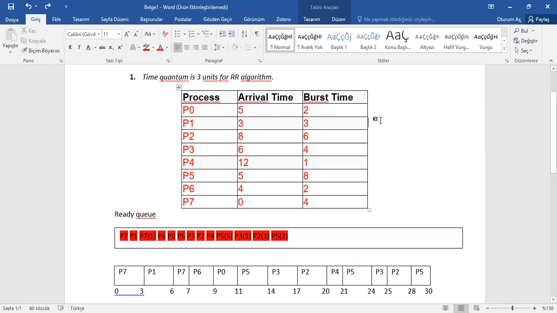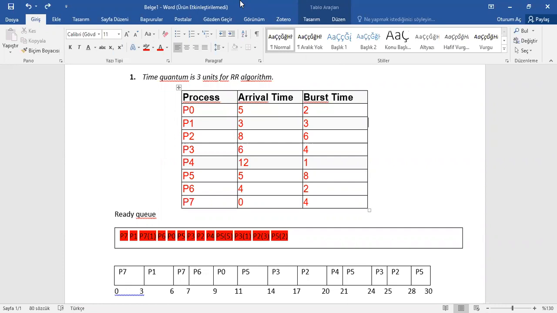Not at all. Friends, the meeting is finishing. Do you have any other question? Yes, sir. If the arrival time is higher than the burst time, are we still going to take the arrival time first?